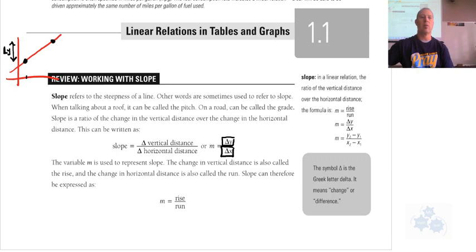So for the same 2 points, let's take a look at the change in x. If you divide the height by the run, or the lateral distance here, that's rise over run. Remember that? Rise over run.